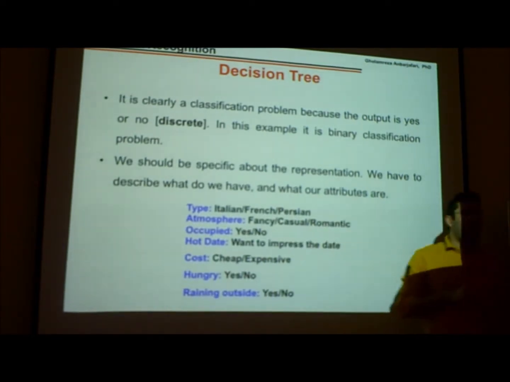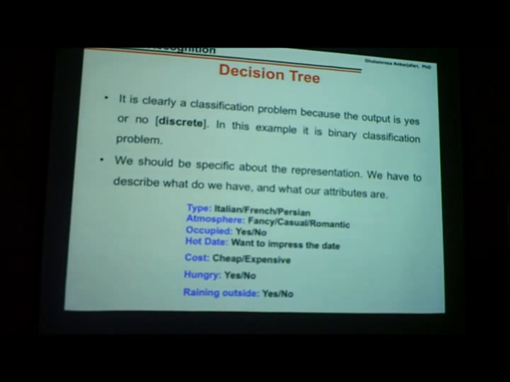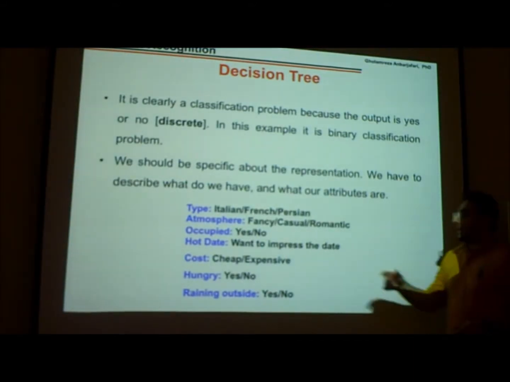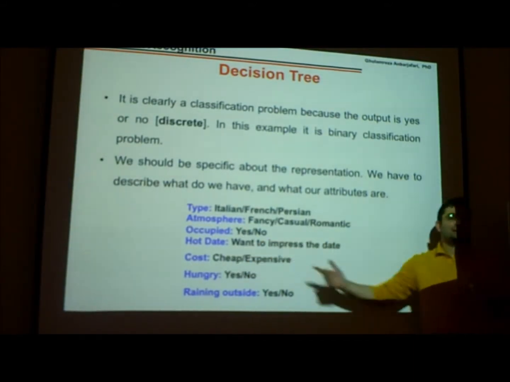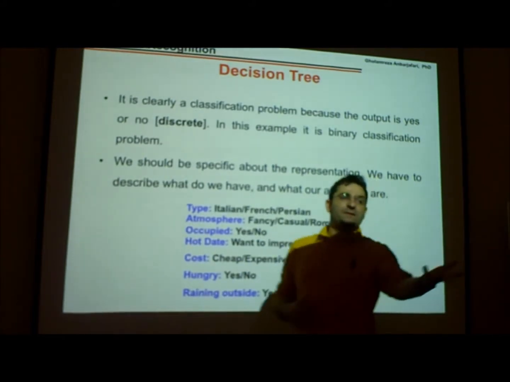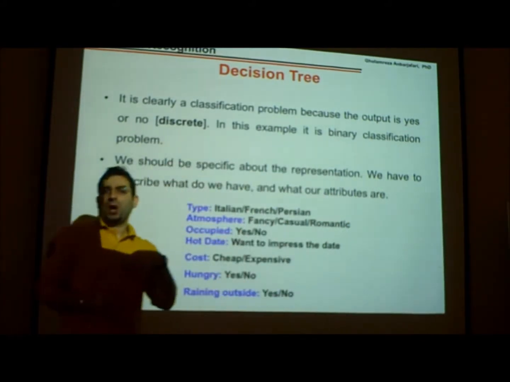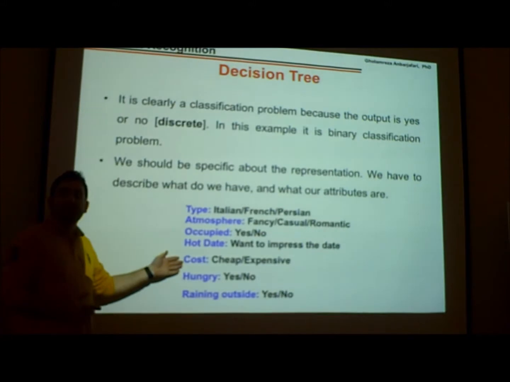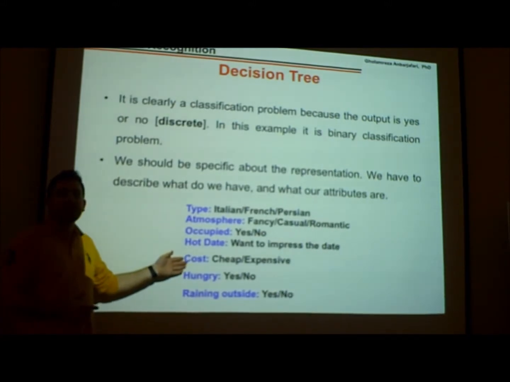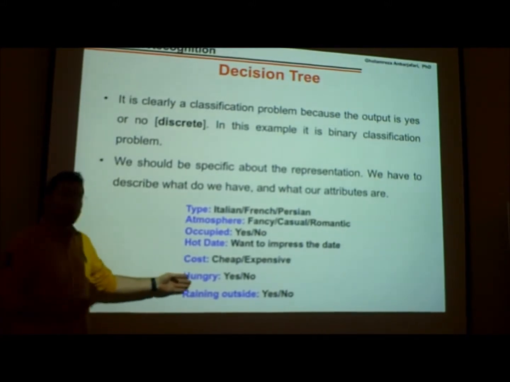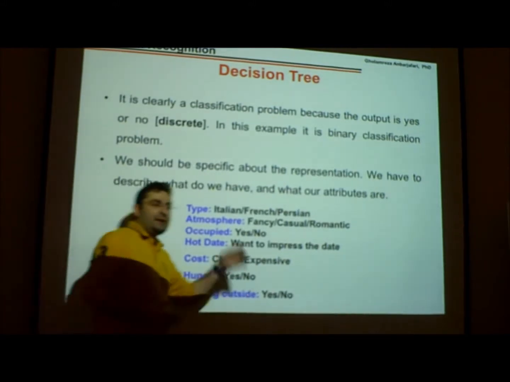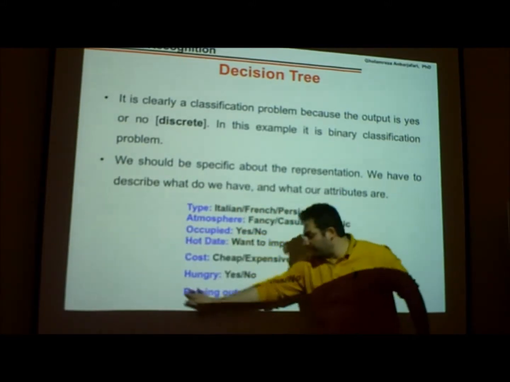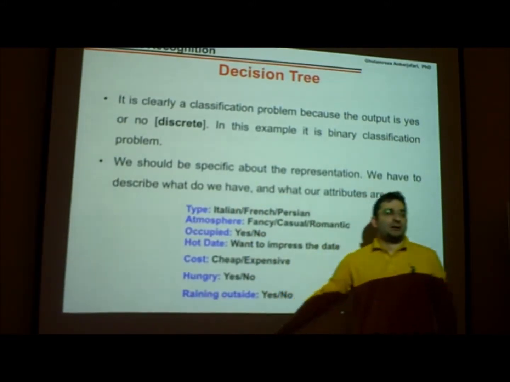If it is occupied or not. If it is a hot date, in the sense that you want to impress the person who is with you or not. Or if it costs, is it a cheap or expensive one? Or if you are hungry or not, or if it's raining outside or not. So there might be thousands of other things that you can write down.